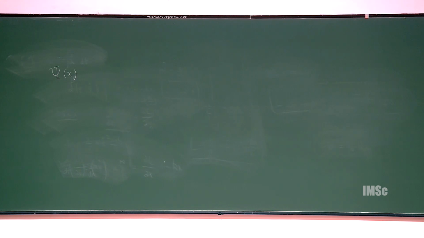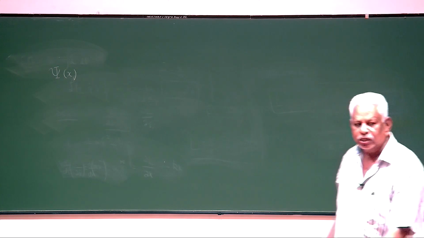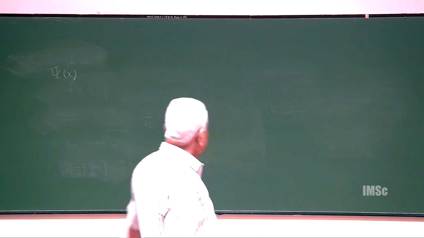So this is what is called the wave function. It depends on position and time. It is a wave, it gives rise to a wave equation, and that wave equation is called Schrödinger's wave equation. What is that equation?